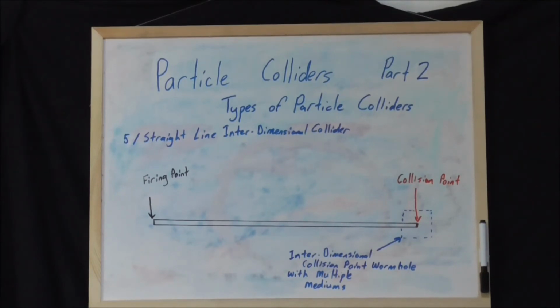For the interdimensional collision point, the particle does not slow down. So it covers the distance in 3.4 seconds. There's more than one collider of this kind in heaven. They're quite massive.